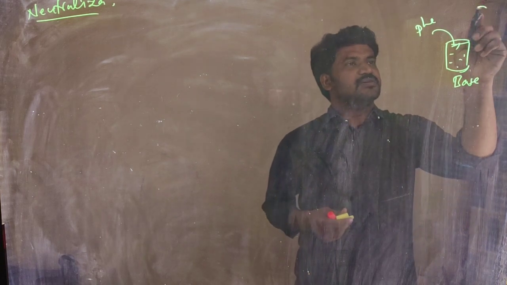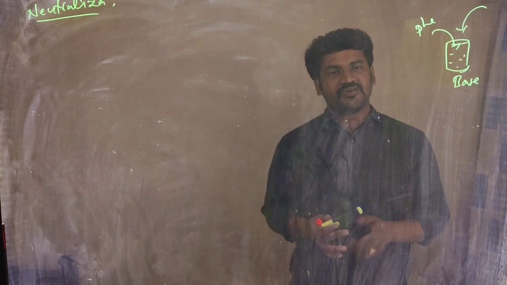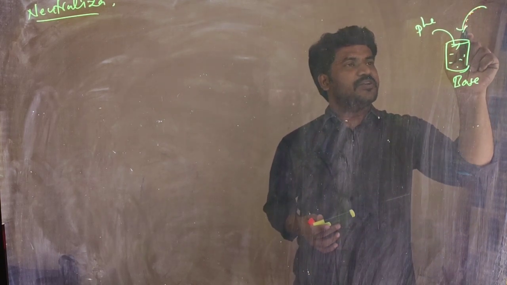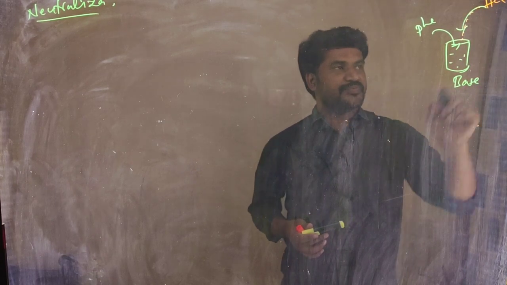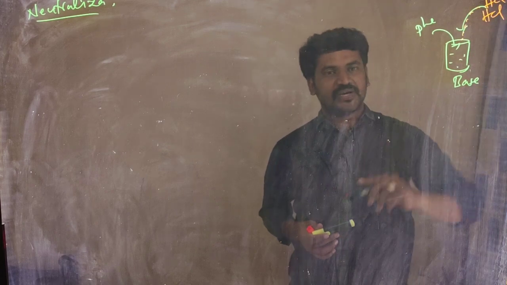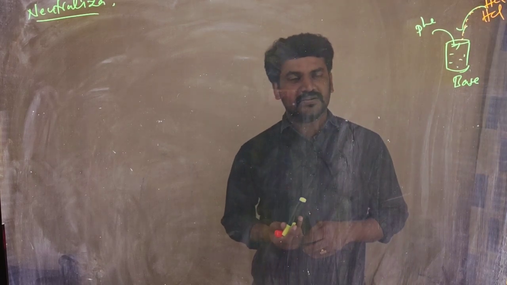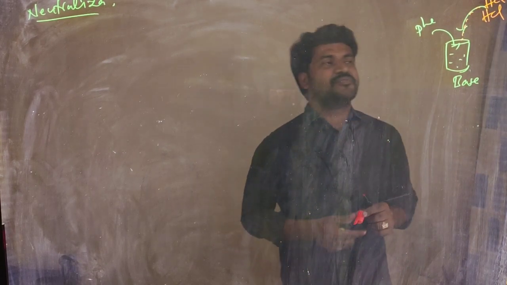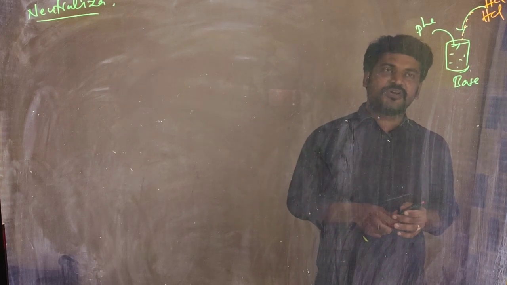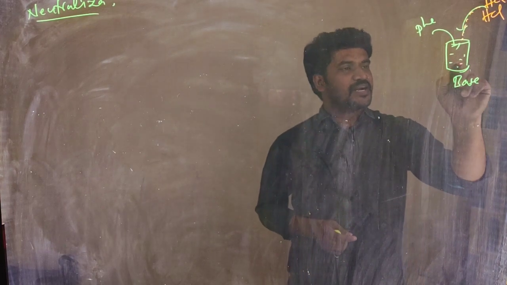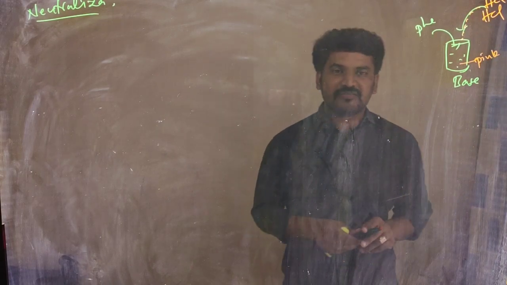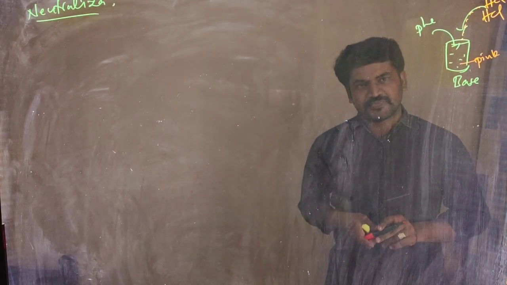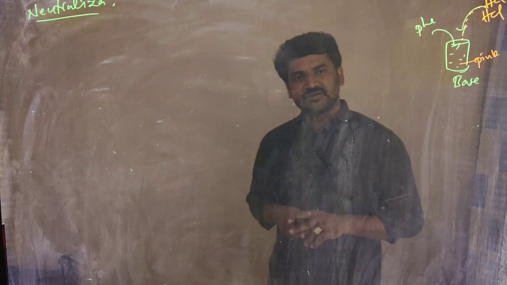Now I am adding acid, HCl, drop by drop. After some time, if you keep on adding like that, the pink color disappears. What does that mean?